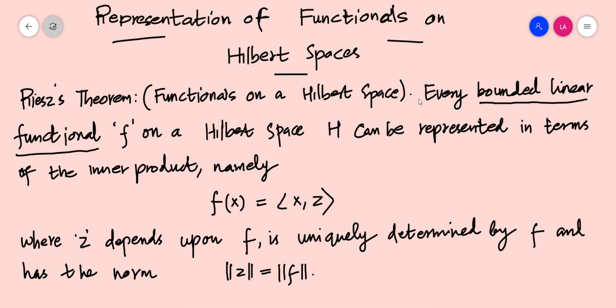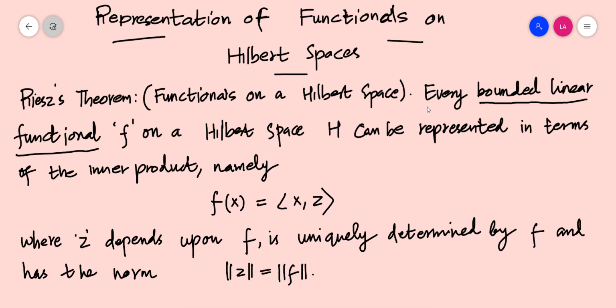The result is: every bounded linear functional f on a Hilbert space H can be represented in terms of the inner product, namely f(x) = ⟨x, z⟩, where z depends upon f and is uniquely determined by f, and has norm ‖z‖ = ‖f‖.